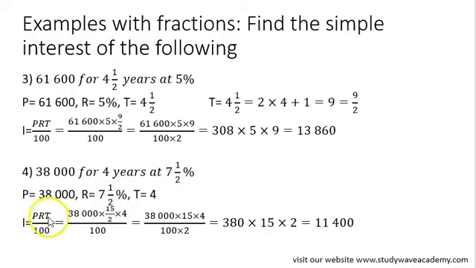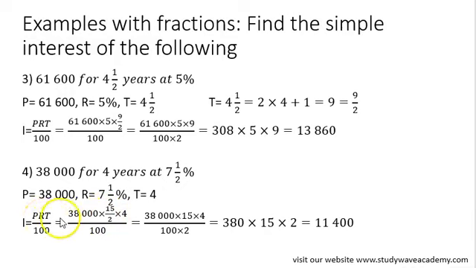So we write out our formula and implement our numbers into our formula. We have I equals PRT over 100. So P here stands for 38,000, right? Then the R that is a mixed fraction, we converted it into an improper fraction, which we got 15/2.